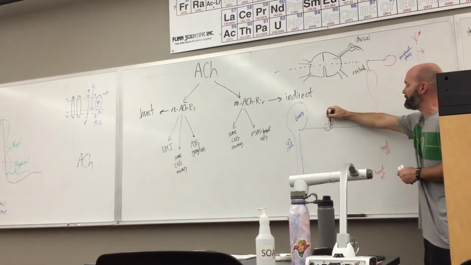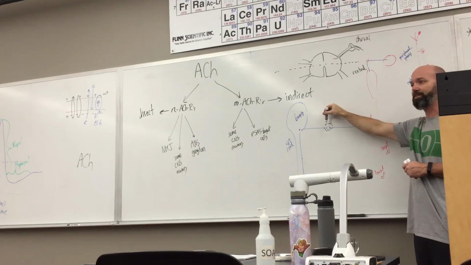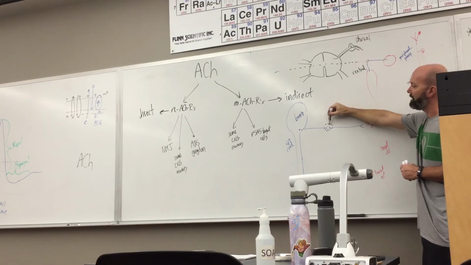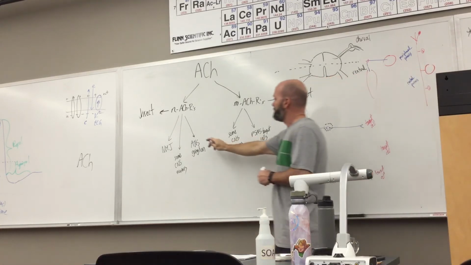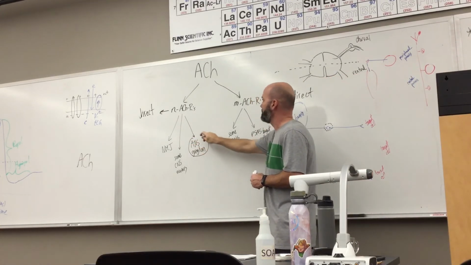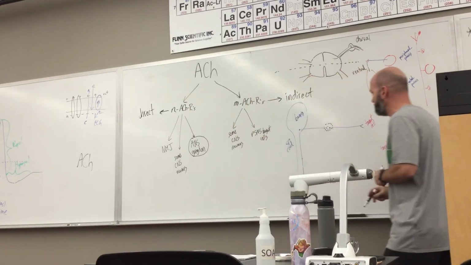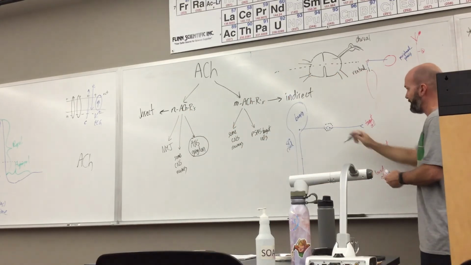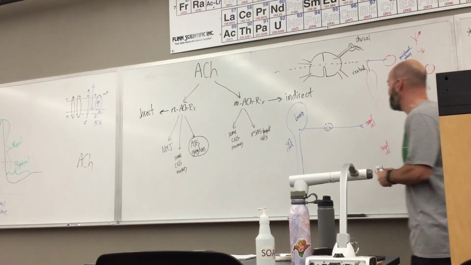Now, all of these cell bodies of all of these postganglionic neurons are clustered together into a ganglion, right? An autonomic ganglion. So that was one location where you find nicotinic receptors, at your autonomic ganglion. And it doesn't matter if it's parasympathetic, which these two are, or if it's sympathetic.